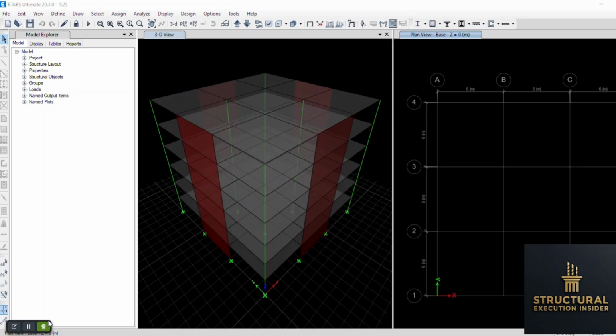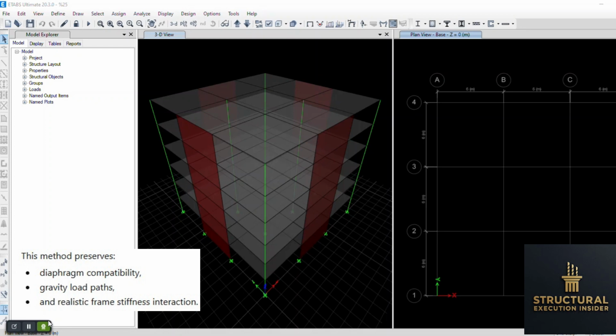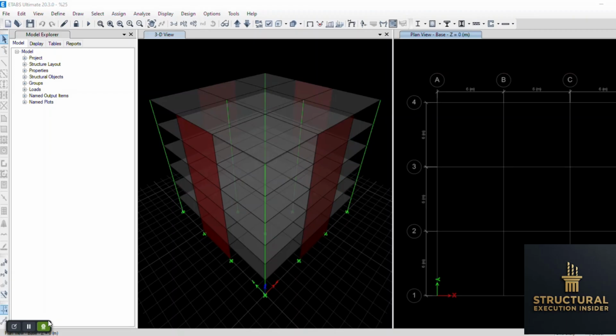In structural engineering practice, several methods are commonly used to verify the 25% lateral load participation of moment frames in dual systems. Many engineers remove shear walls, modify stiffness values, or change cracking factors. However, all of these methods usually introduce secondary modeling problems.